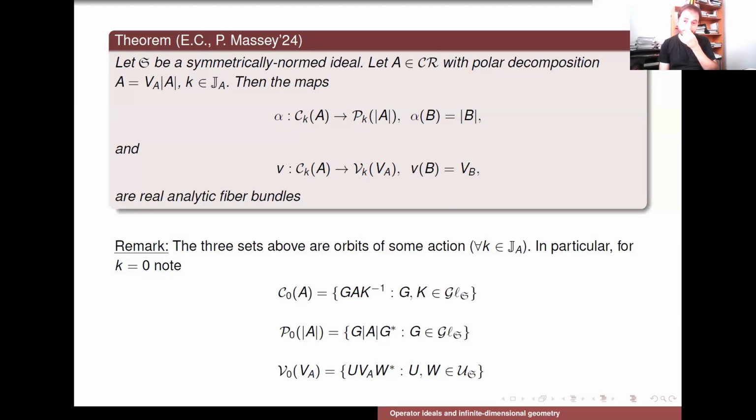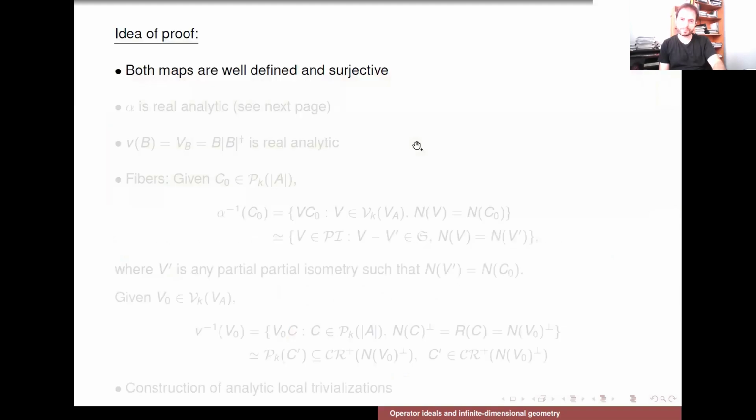First of all, one can show that these maps are indeed well defined and they are onto. This follows more or less immediately by using properties of the range, null spaces, and the index of the operators.